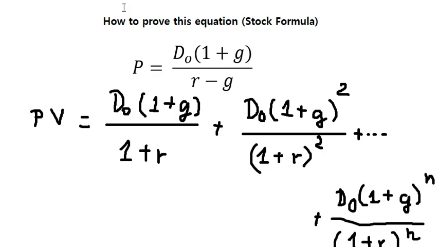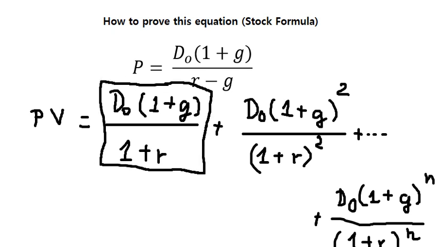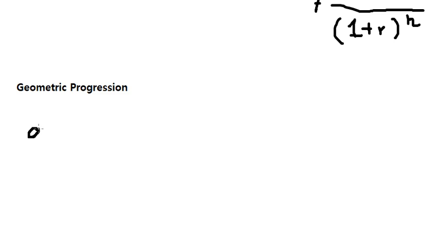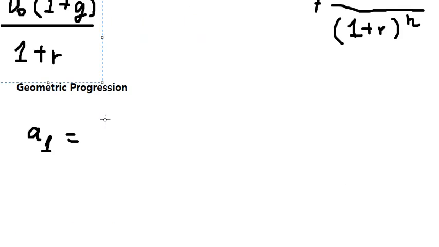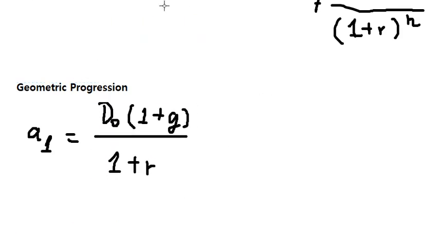So if we look carefully, the first term of the geometric progression is this one, so we have a number 1. And now the common ratio of this one is r.